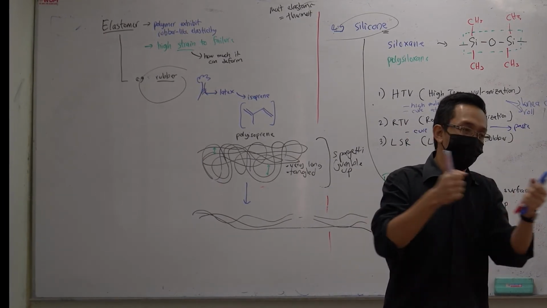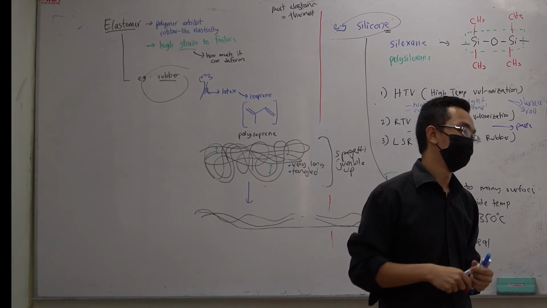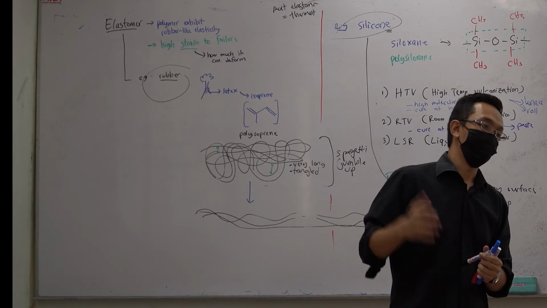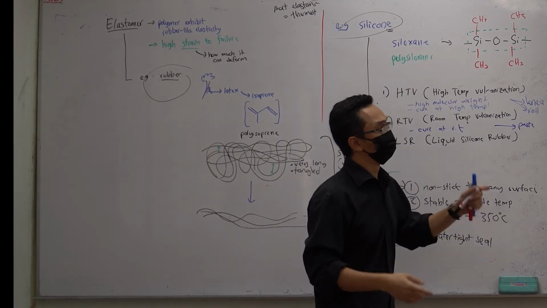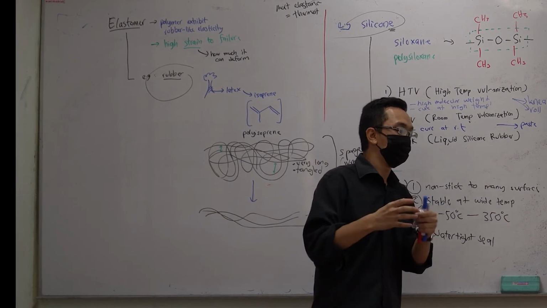Elastomer is something that can have a high strain, but it's also thermoset, meaning that it doesn't melt. It will degrade, but it doesn't melt. So you cannot reuse it again. Once you make that, you cannot melt it again and make other stuff.